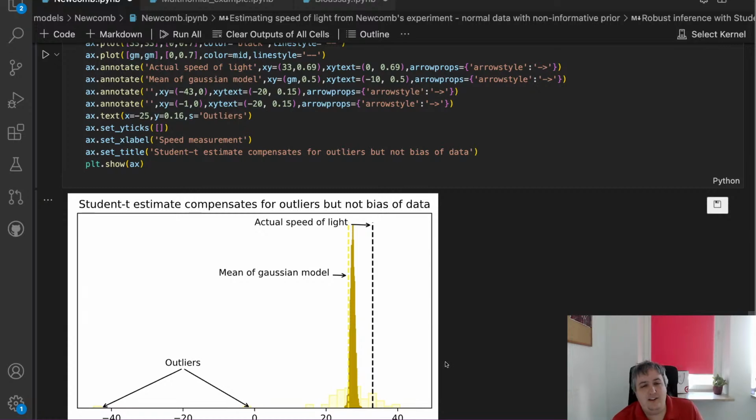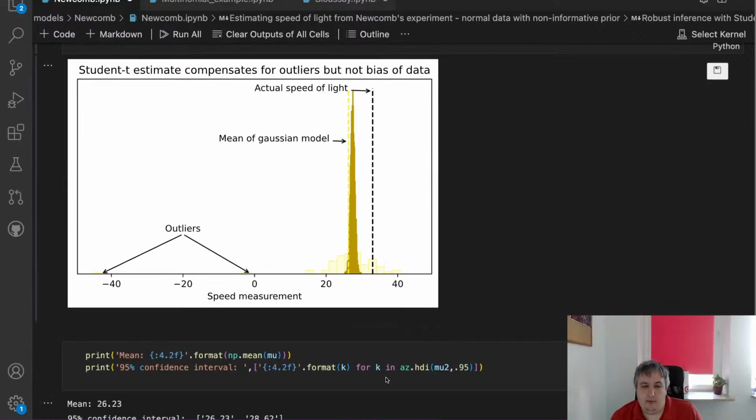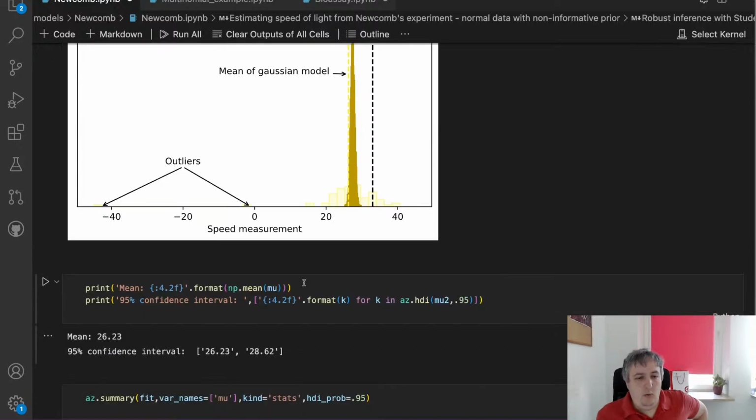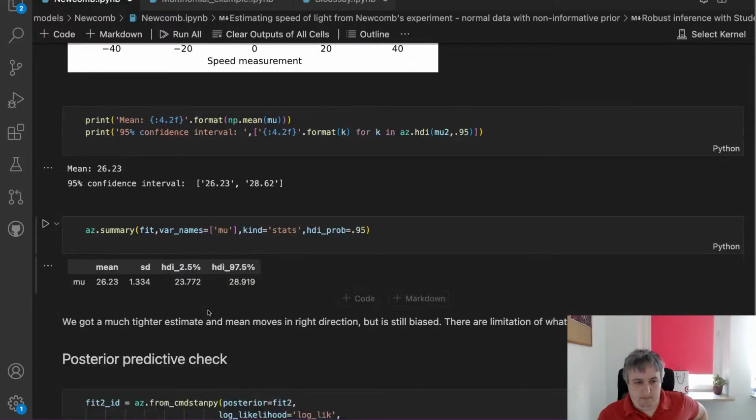However, as the entire data set is biased, because as you can see, even this part has a mean away from the actual speed of light, it is a marginal improvement by adding an additional parameter. It's a bit better. We get a tighter confidence interval for our probe, but again, it's still biased by the data.